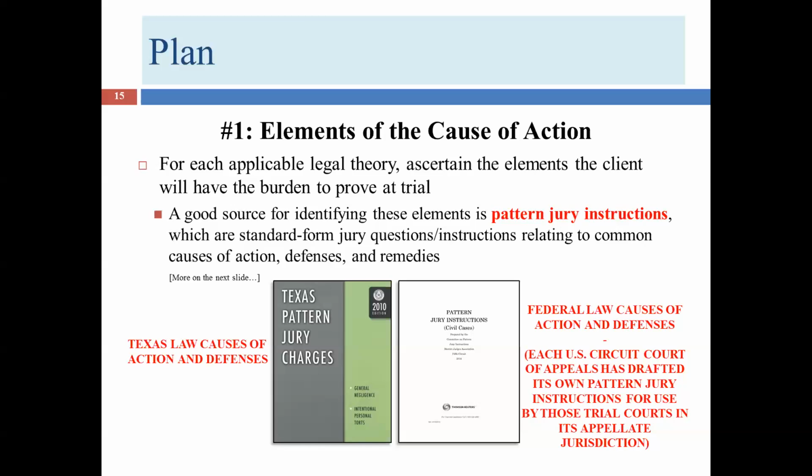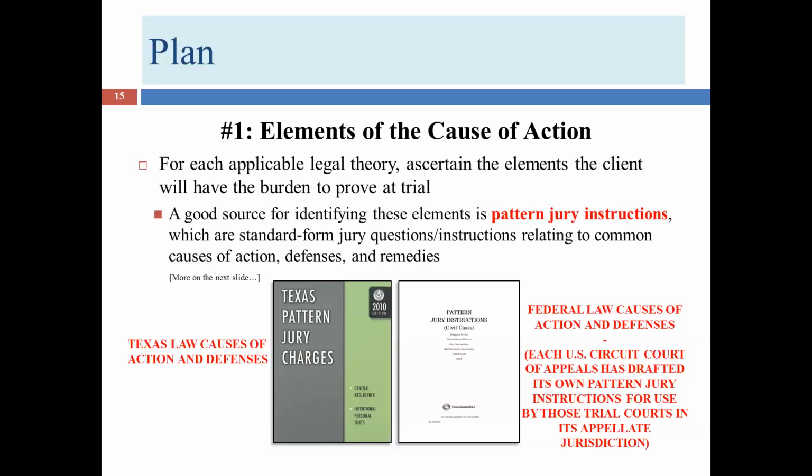And so why don't we just have standard instructions? And certainly there are going to be unusual facts in some cases which are going to require either additional jury instructions or some minor tweaking of the jury instructions, but at least this is a good starting point. And this is because they have been approved. The court is not going to have to be nearly as concerned about getting reversed. Well, as you can see, the judges would like that.